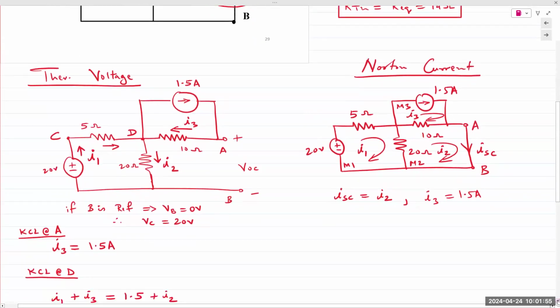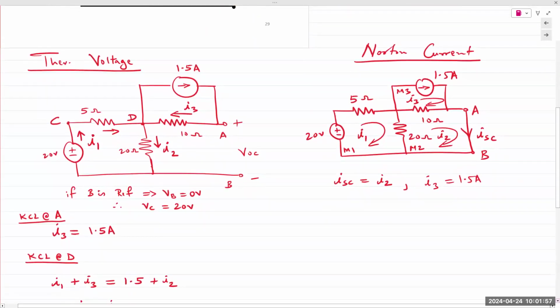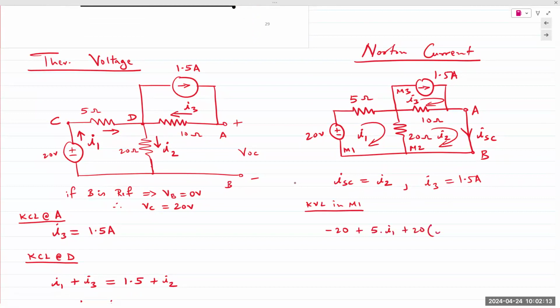Let's apply KVL in mesh 1. KVL in mesh 1 gives me minus 20 plus 5 times I1 plus 20 times I1 minus I2 equal to 0.